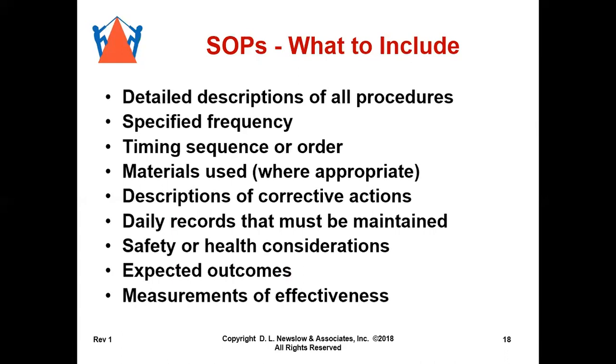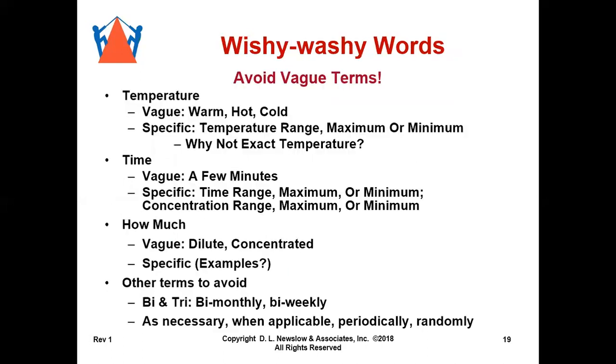It depends on the area of responsibility and the scope of the document you're writing. It should reference what records are maintained, any safety or health considerations, expected outcomes, and also measurements of effectiveness. How are we going to know that what we're doing is effective? We'll talk about that in more detail as we move forward.